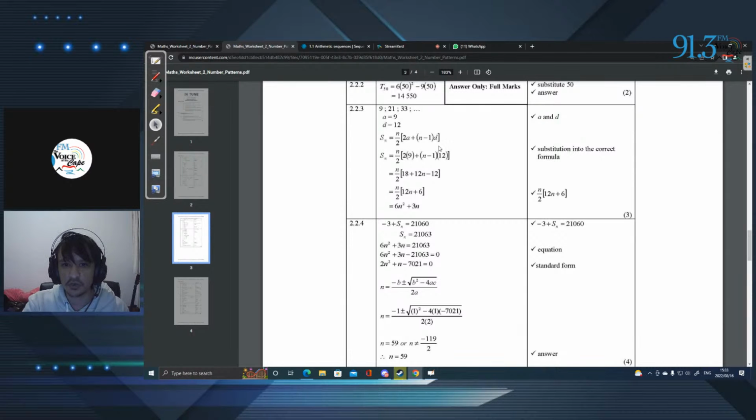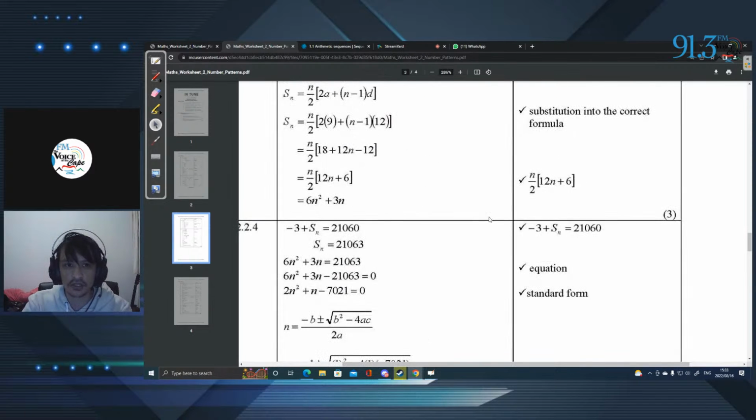Now, here's the important part. Sn equals n over 2, bracket 2a plus bracket n minus 1 times d. This is the formula you will use when finding the sum of a quadratic sequence. Right? This is the formula we're going to use. And then all I'll do is zoom in a bit more, sorry.